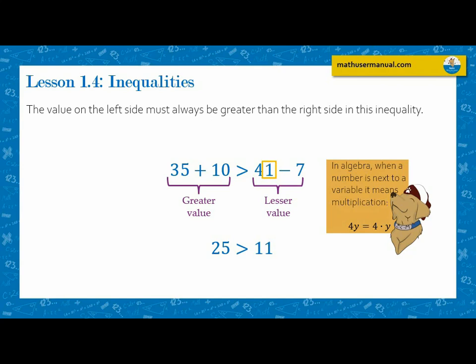We can replace it for a 1. 4 times 1 is 4. 4 minus 7, that's negative 3. Negative 3 is still smaller than 25. So any number we can replace y for that makes the right side smaller is going to be true. So for inequalities, we tend to have a lot more answers than what we have for equations, because as long as the right side is smaller than 25, that answer is going to be true.